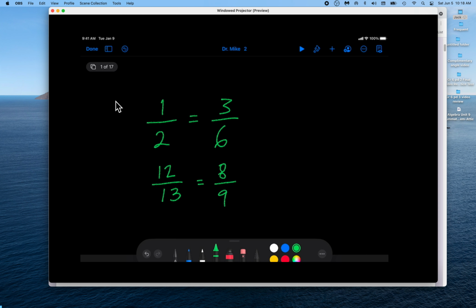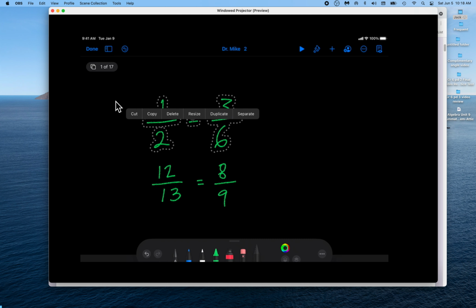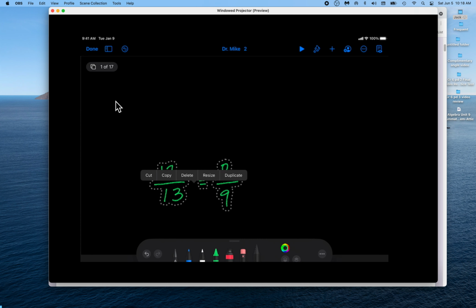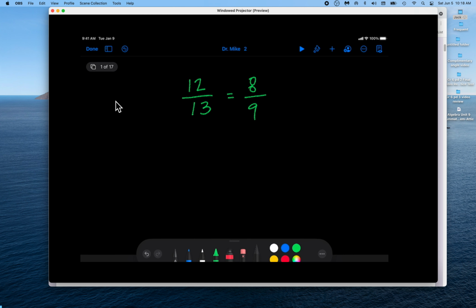How would you handle that? Well, the easiest way to handle these types of problems is to cross multiply. So in this case, if this equal sign is valid, if these numbers are indeed proportional, then cross multiplication must hold. It must be true. So let's cross multiply this and see if we are right.